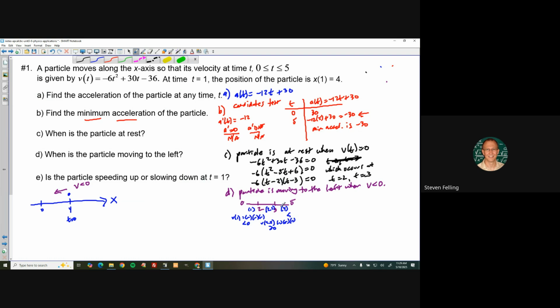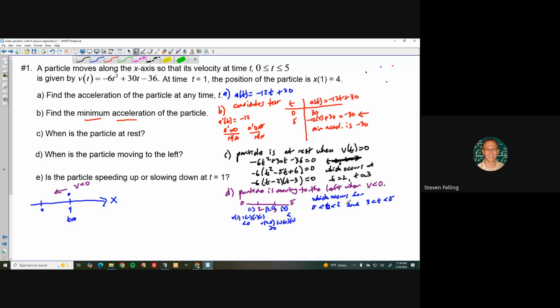But if you do have a calculator, you can just graph it and look at the graph to determine that. You can either use interval notation or you can use time. So t is between 0 and 2 and between 3 and 5.